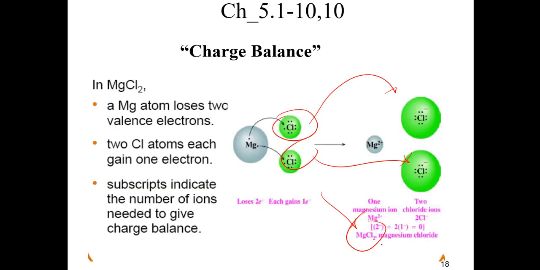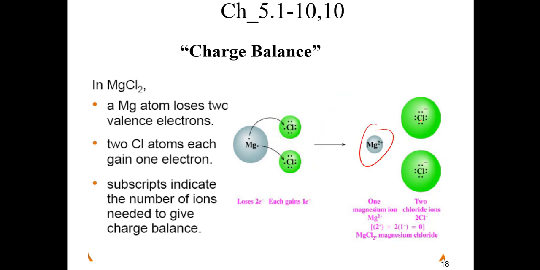So going back to magnesium chloride, there's 1 of the magnesiums, there's 2 chlorides, and then we form MgCl2. Now, you know you have the proper number of ions if everything equals 0.